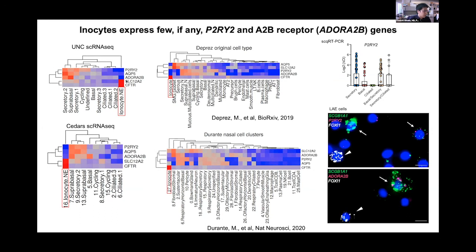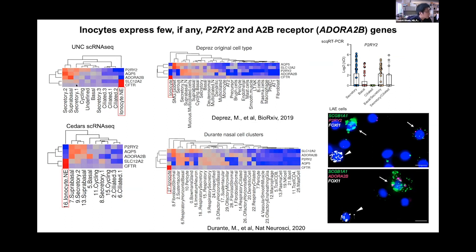So these are high, but P2RY2 and adenosine receptors are much lower in ionocytes than in secretory cells. In contrast, secretory cells express CFTR, which is already confirmed by our other data sets, although this heat map shows very weak expression.